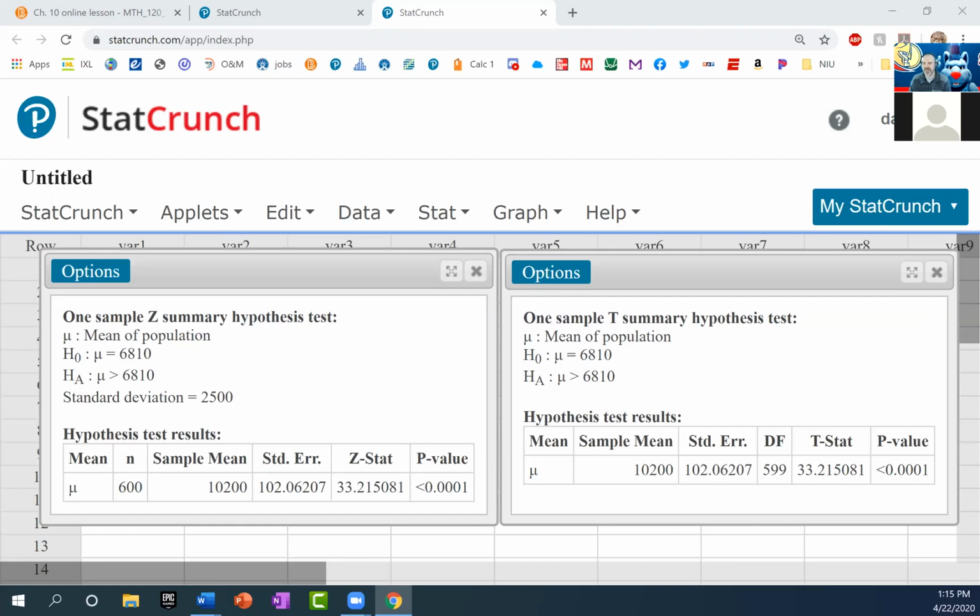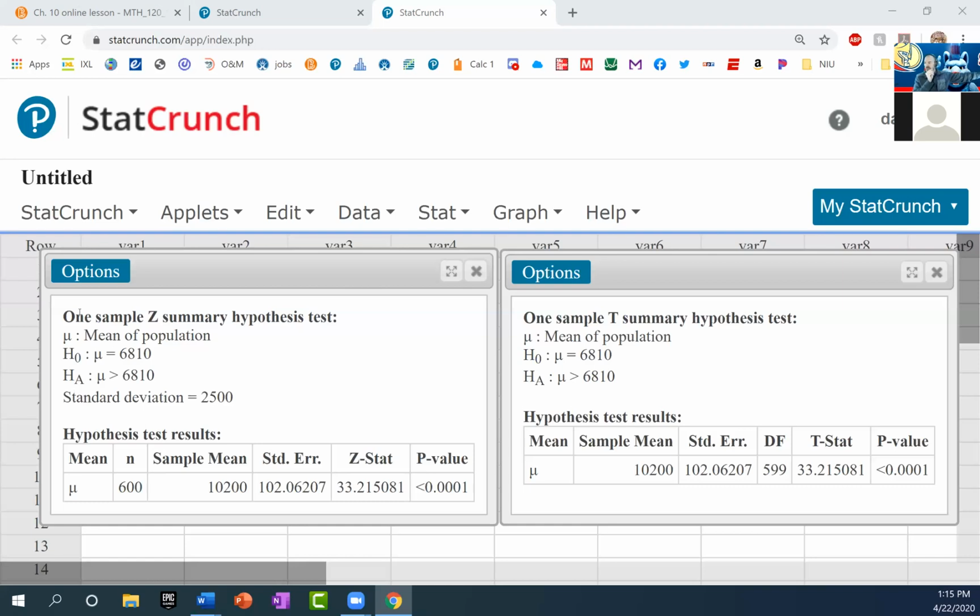All right, so it looks like we have 5 people said yes, nobody said no, maybe still thinking. And yes, that is correct. Because we have that really low p-value, essentially what we found is that 6,810 would be the national mean. I don't know if my video is flipped or not. So what did we have, 10,200 is way off screen.